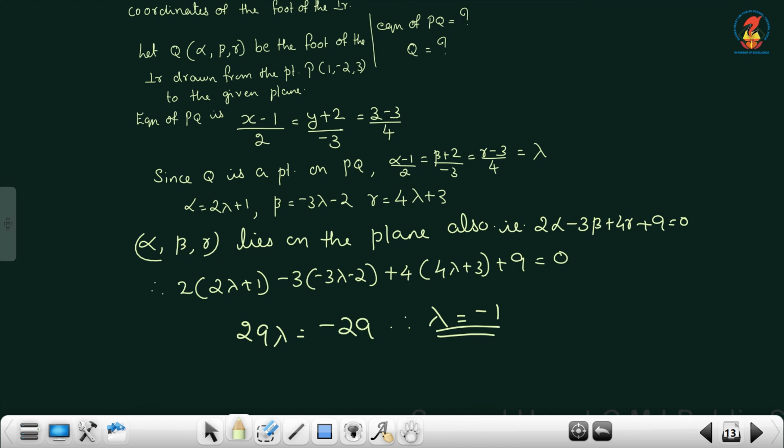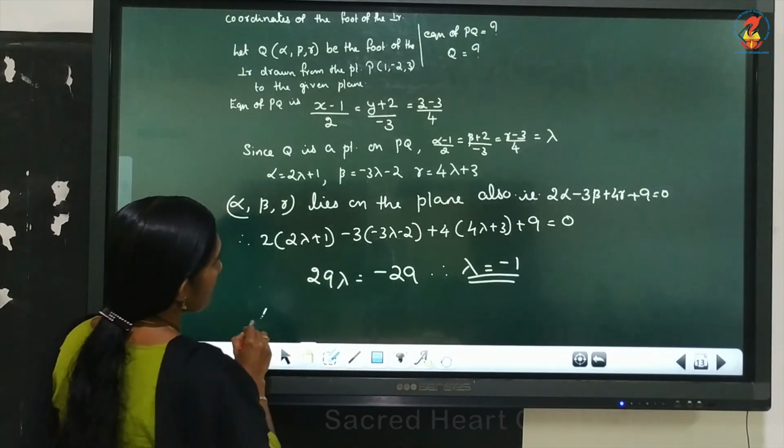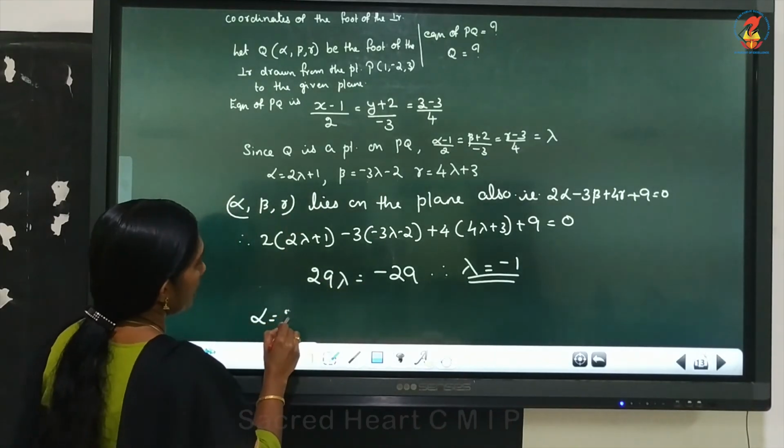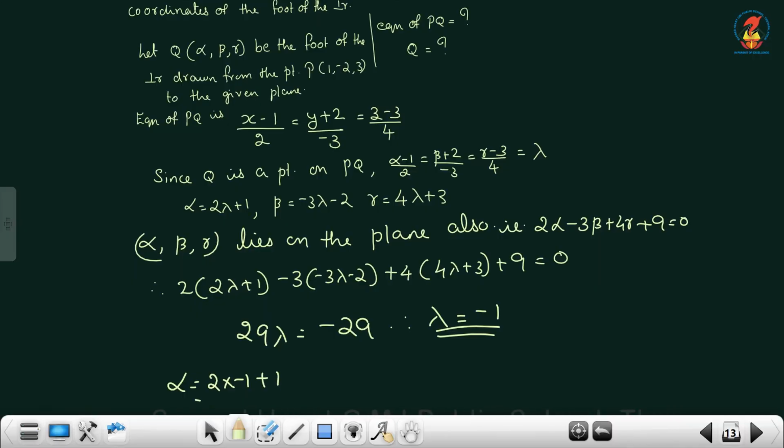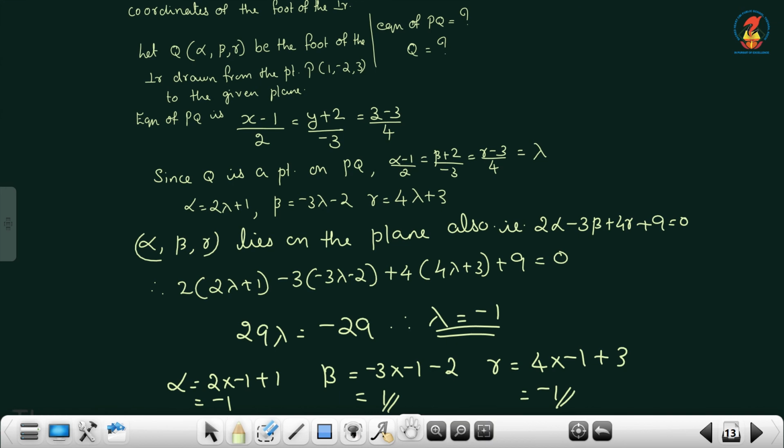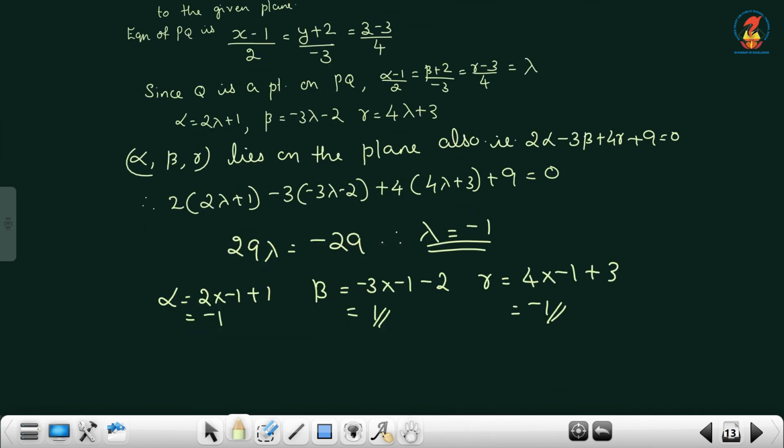So what are alpha, beta, gamma? Alpha is equal to 2 into minus 1 plus 1, that is minus 1. Then beta is equal to minus 3 into minus 1 minus 2, that is 1. Then gamma is 4 into minus 1 plus 3, that is minus 1. So what is the foot of the perpendicular?